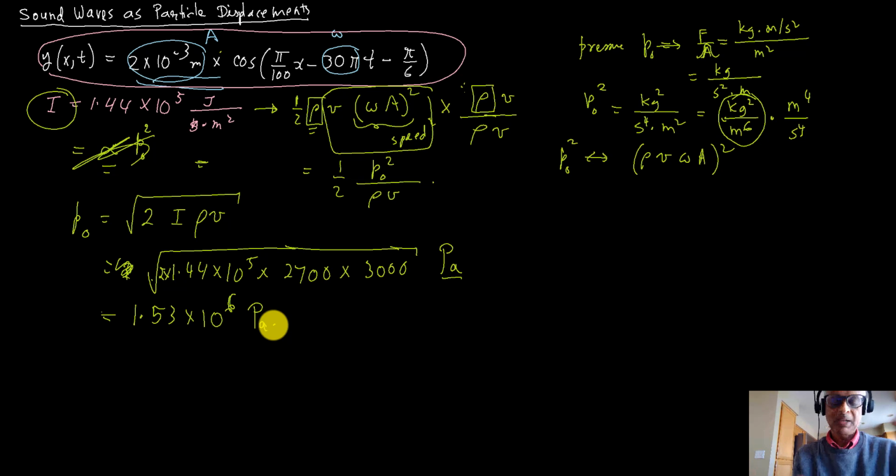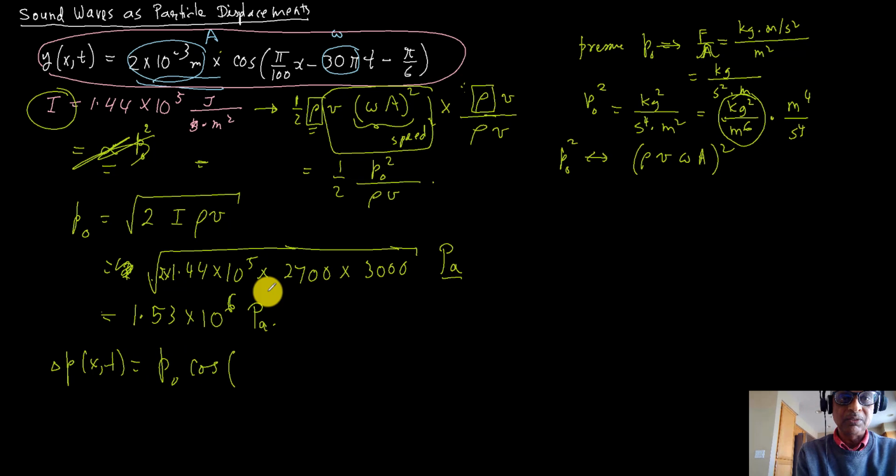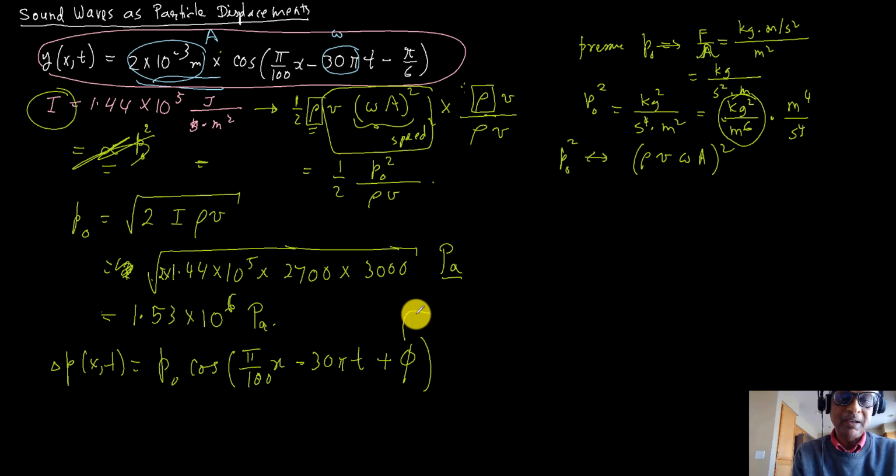A question that you might have in mind is, when I was writing P(x,t), or delta P(x,t), you have P0 and cosine, all of this same, pi over 100 x minus 30 pi t. Then I wrote down plus phi, and I didn't ask you to calculate this. Well, you can actually calculate this yourself, and I'm going to leave that as an exercise, by using a principle.